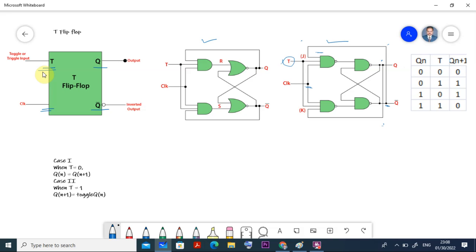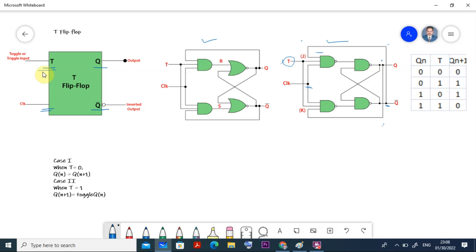Fine. So if you go for the truth table, what are the possibilities? Qn is the previous state and Qn plus 1 is the current state. We have only two cases: toggle T equal to 0 or T equal to 1.